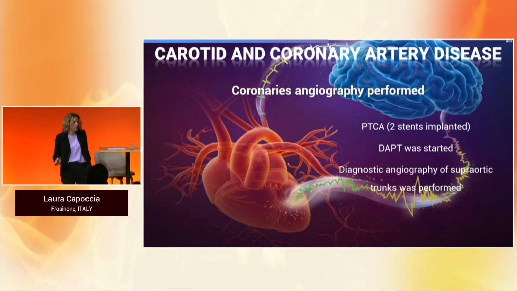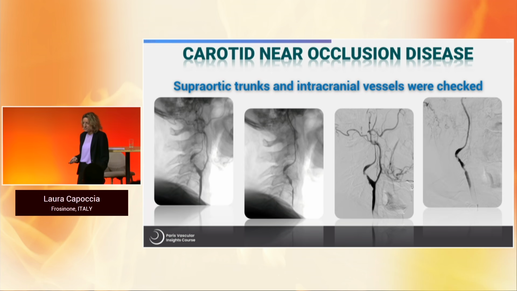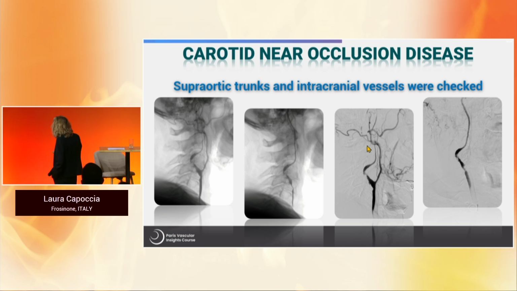Why not? We were there. So this is what we found. If you look carefully, we had a distal vessel lumen collapse here, but first of all, the angiography showed that the majority of the contrast went into the external carotid artery, not the internal one.